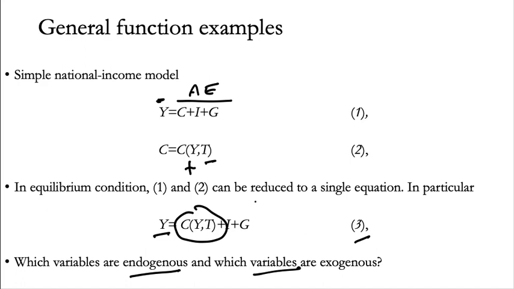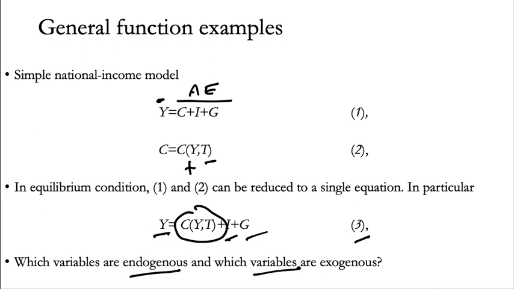Exogenous is when the variable does not depend on any other variables written in the equation. That is a simpler way to understand it. But actually, exogenous means the determinants of that variable are not within the system or function itself. So it is very obvious that I and G are exogenous variables.